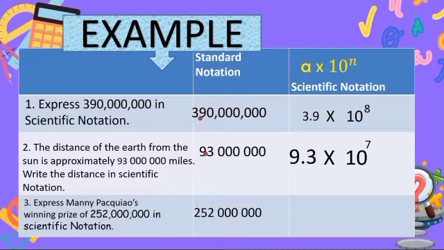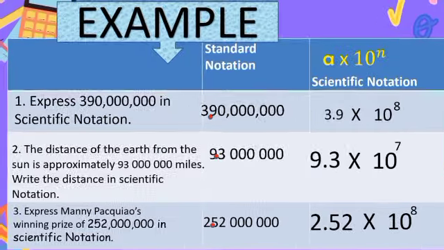So, 2.52 ang ating magiging significant digit. And then, move the decimal. Bibilangin lang natin kung ilan. So, mula sa dulo, 1, 2, 3, 4, 5, 6, 7, 8. So, ang movement ng decimal natin ay 8 times. So, yun ang ating exponent.